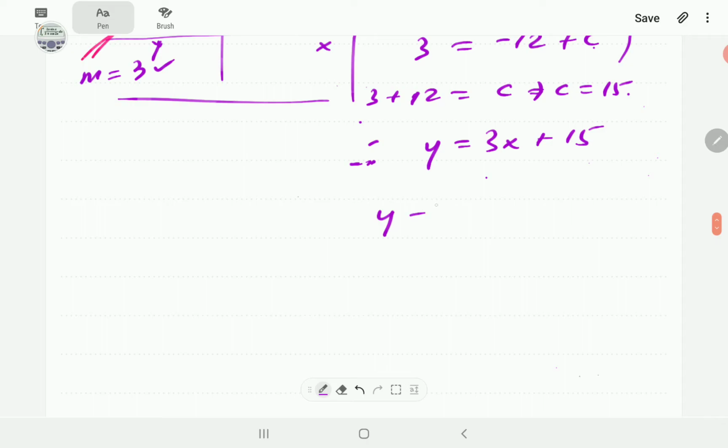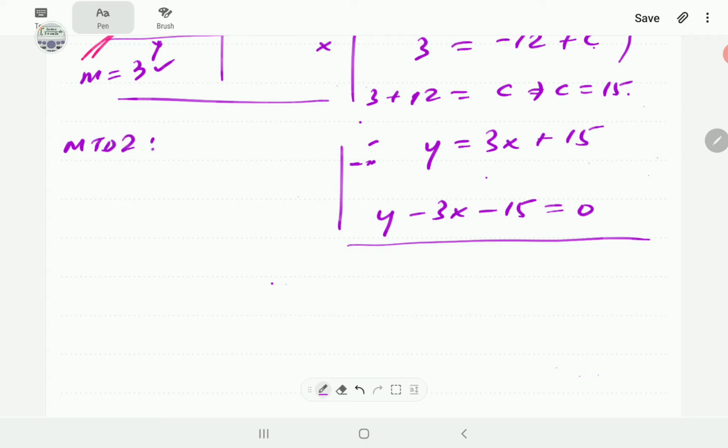I'm going to write y minus 3x minus 15 is equal to 0. All right, so that is the approach using the standard form. Then in method 2, I'm going to use the 1-point form. So the 1-point form says y minus y1 is equal to m into x minus x1.